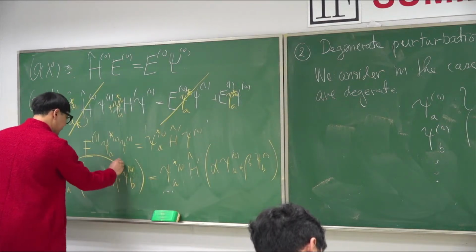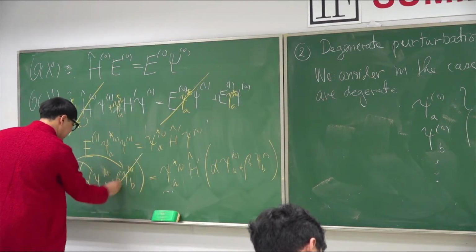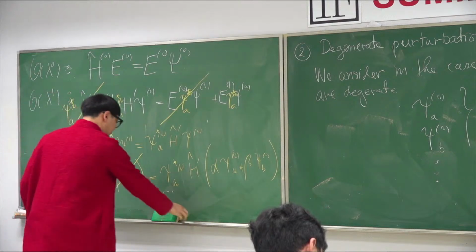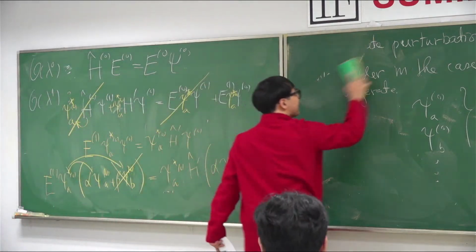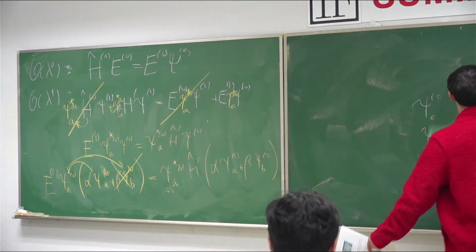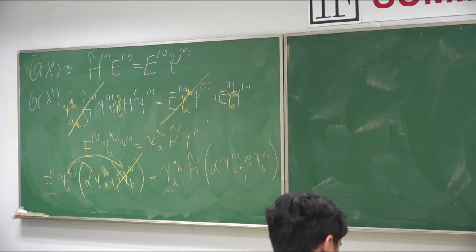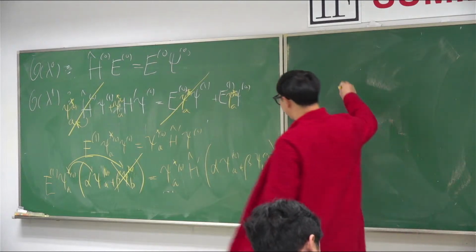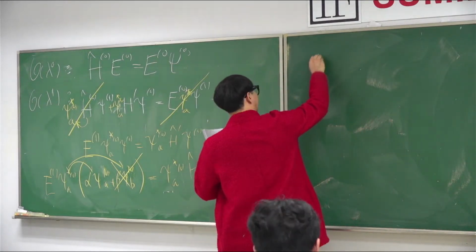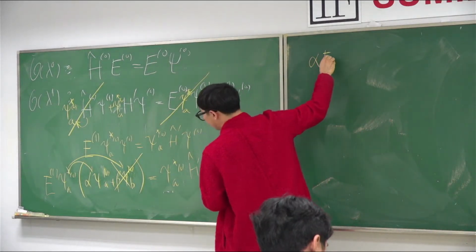When you move this to this, it is going to go away. Then on the left hand side, you will have only the alpha term, right. You have alpha E1.